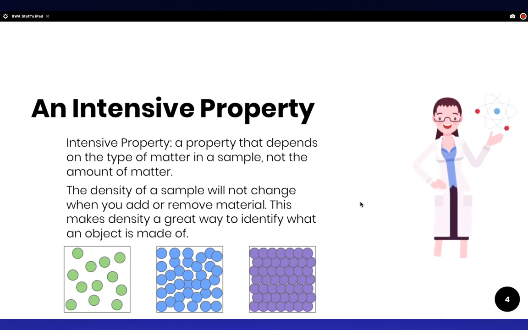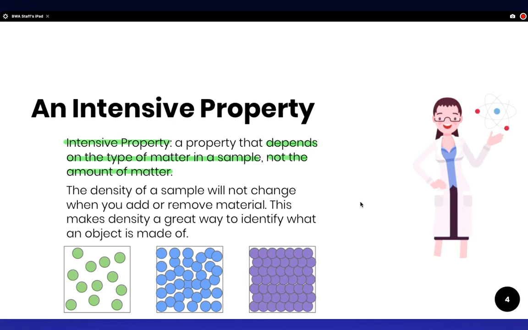We're going to talk more about intensive properties next week, but I'll tell you today that an intensive property is a property that depends on the type of matter in the sample and not the amount of matter. So it doesn't matter how big your aluminum block is, it's still made out of aluminum, and aluminum still packs in the same way and has the same density.